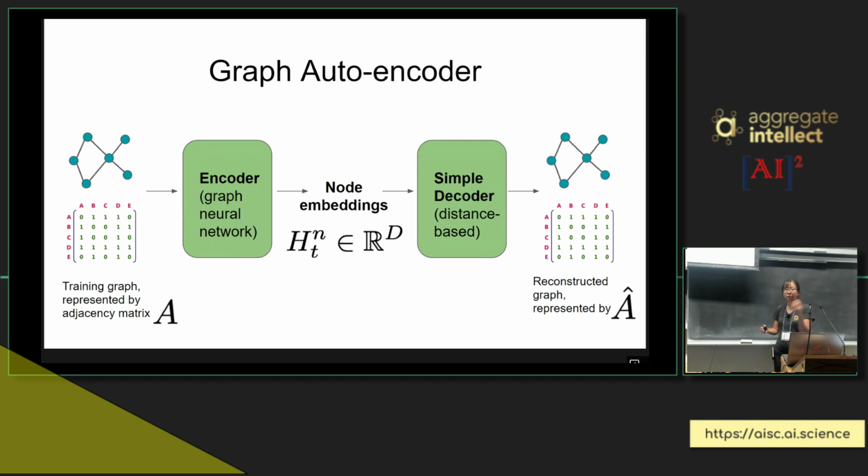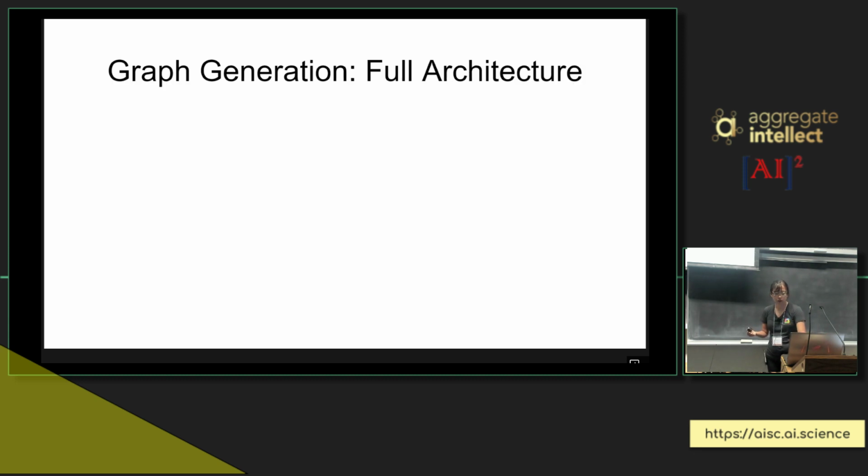It can find a set of node embeddings after all these message passing steps, such that if we use a really simple distance-based decoder that just looks at, say, Euclidean distances in this high-dimensional node embedding space, we can then reconstruct the original adjacency matrix.